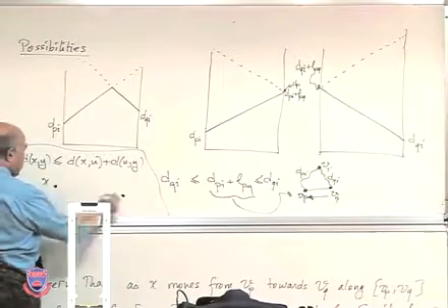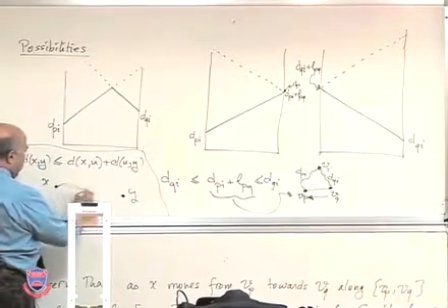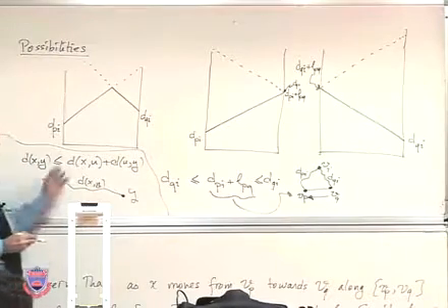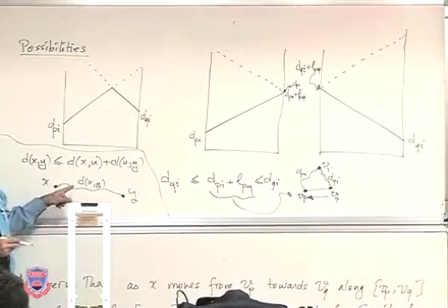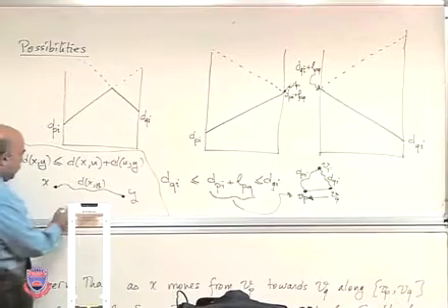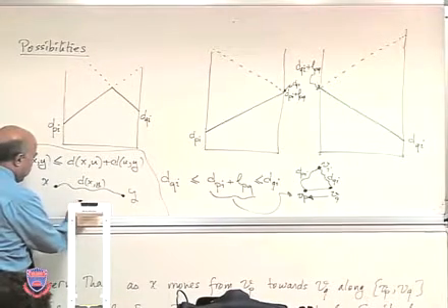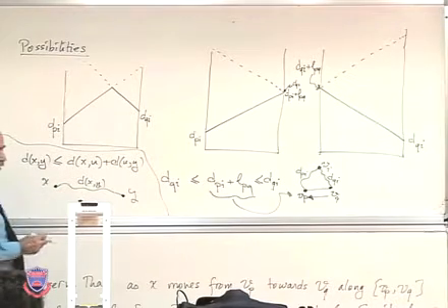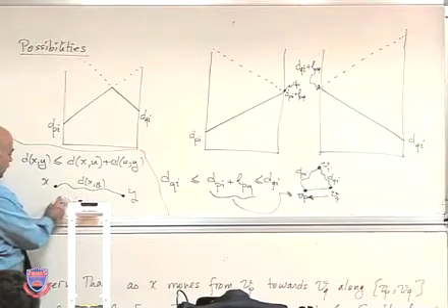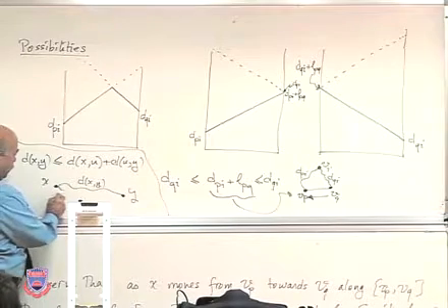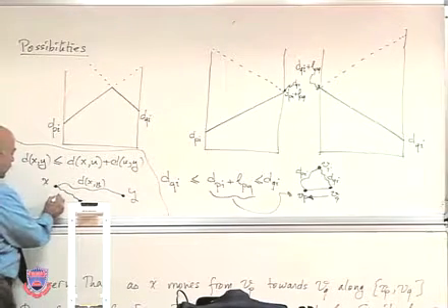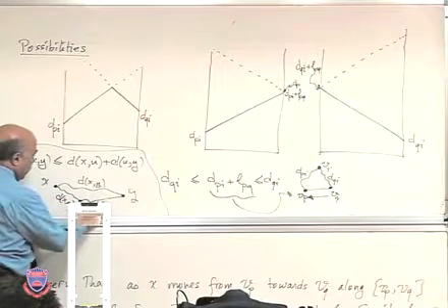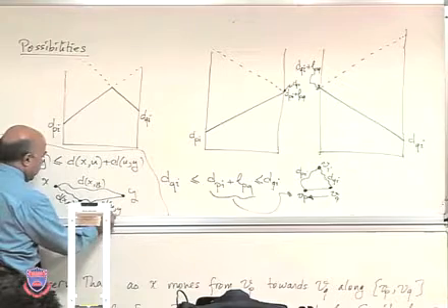If you have x and y, and if this is a shortest path whose length is x to y, fine. There's some shortest path that gives you that length. Now, if you pick some point u here, which could be also on the path, nevertheless, for generality, let's just put it here. If you go first to u, then you go a distance of x to u. And then you go a distance of u to y.